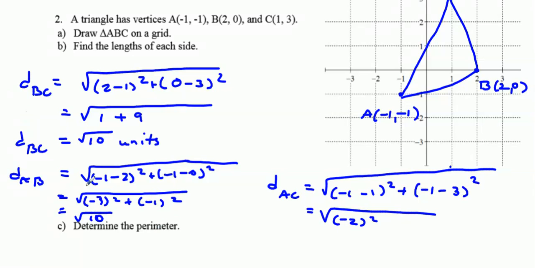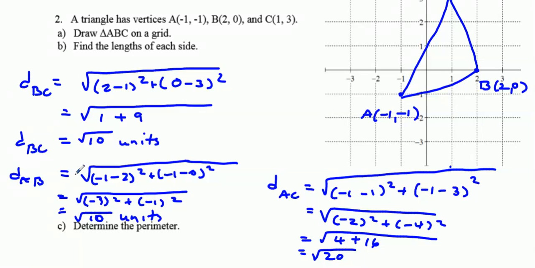Negative 2 squared plus negative 4 squared. Okay, so we've got the square root of 20 units. I should put units here too.